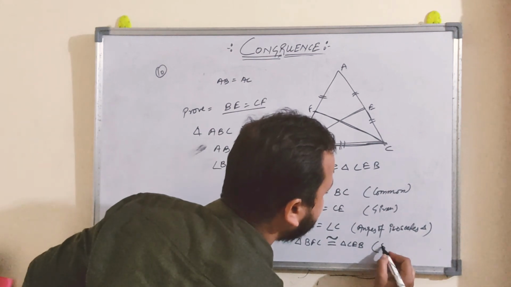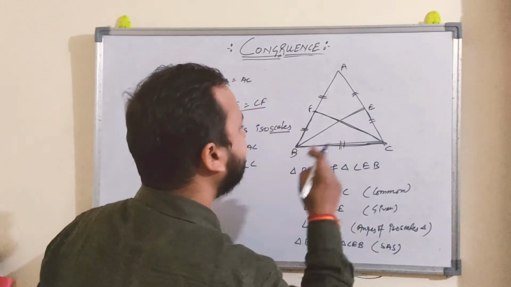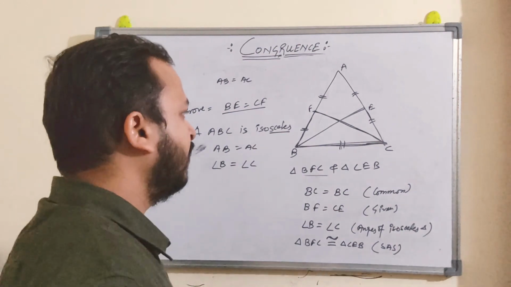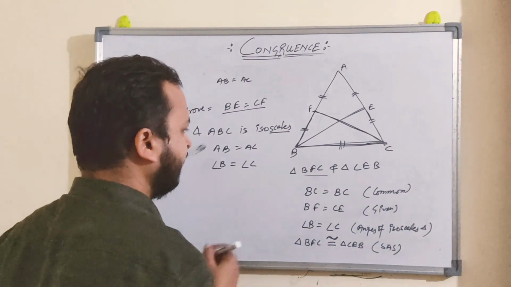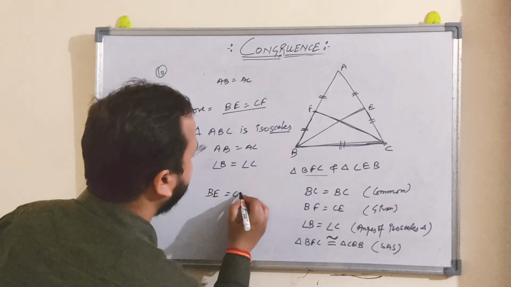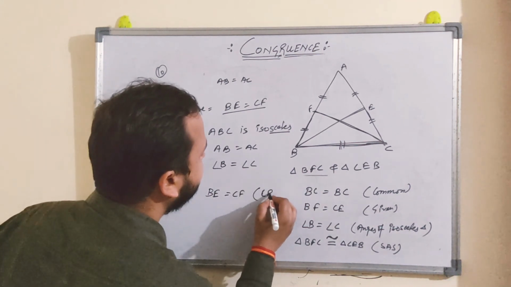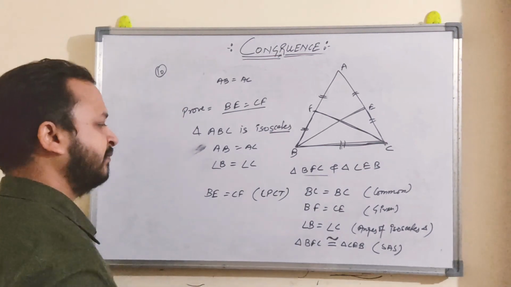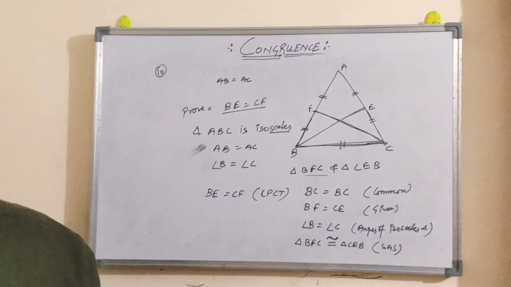By which property? By side angle side included. So if they are congruent, it means you can say that BE is equal to CF by CPCT, right?